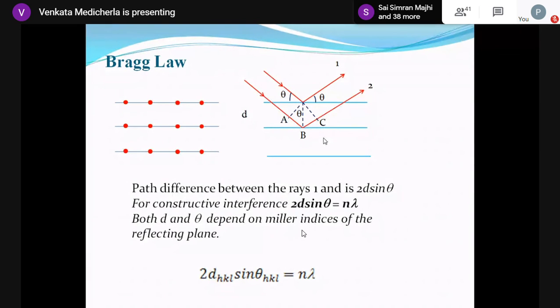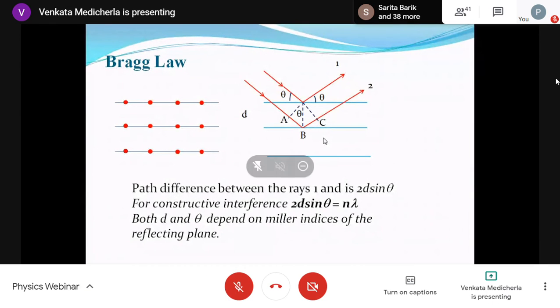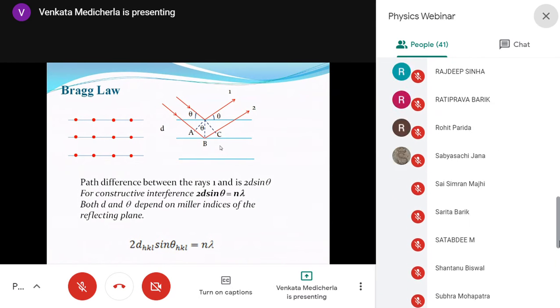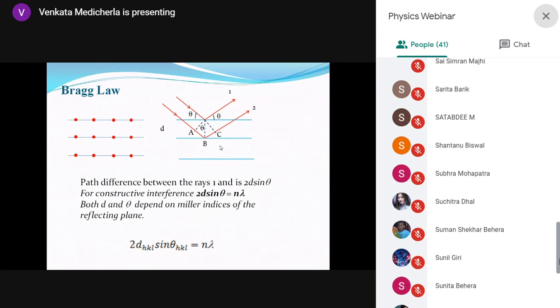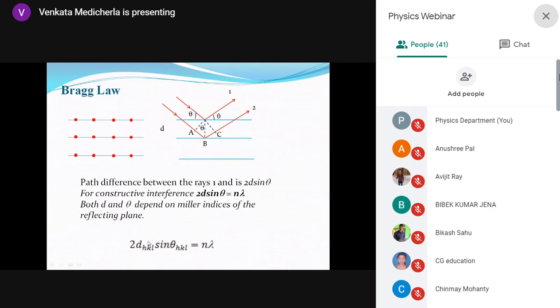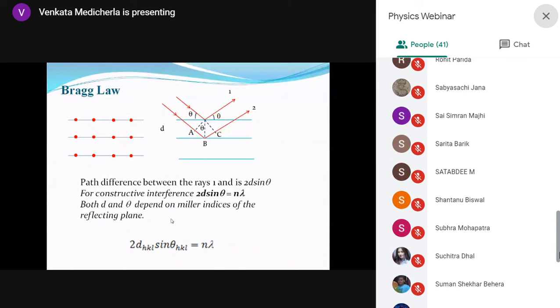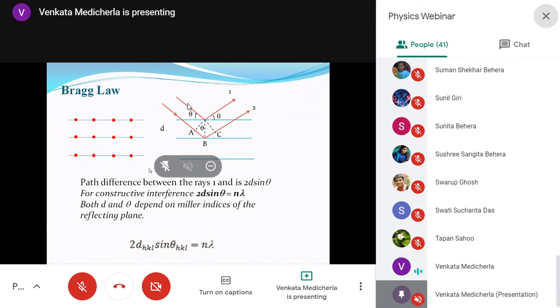But you know that d is the interplanar spacing, and that depends on the Miller indices of the plane. You cannot just write d; I have written it here as d_hkl, changing its notation. That means d depends on the Miller indices of the plane. Not only d, theta also depends on the Miller indices. If you do the experiment for a different plane, you get a different theta.